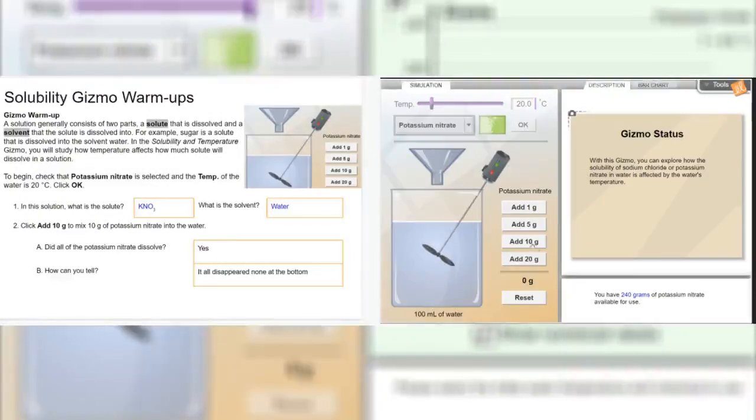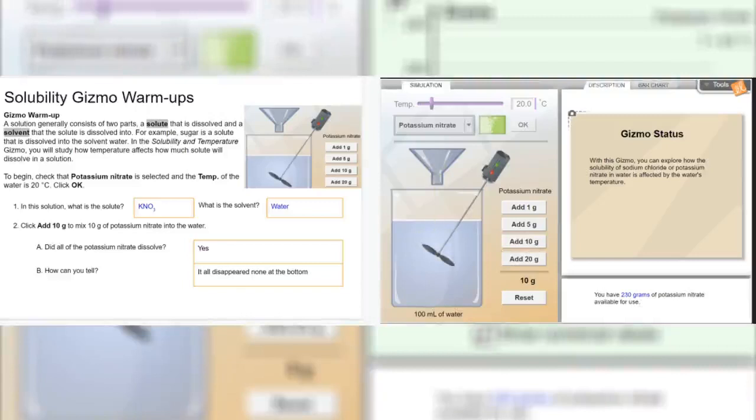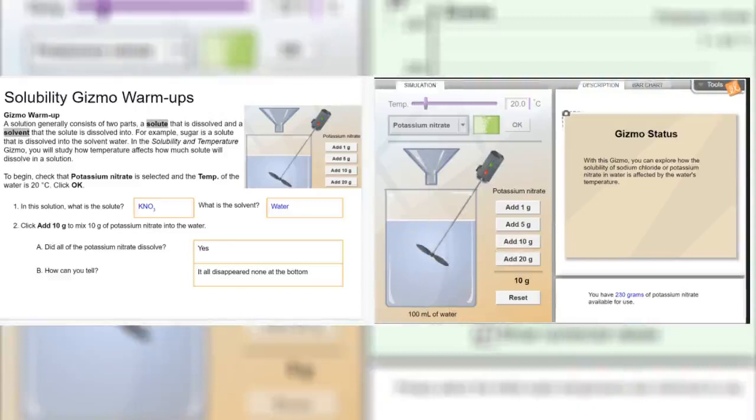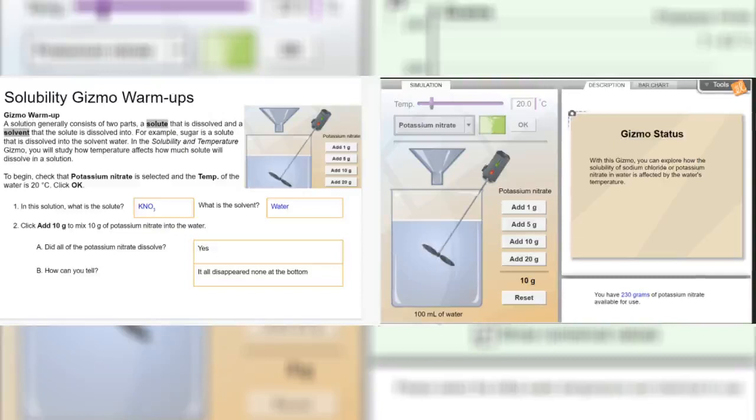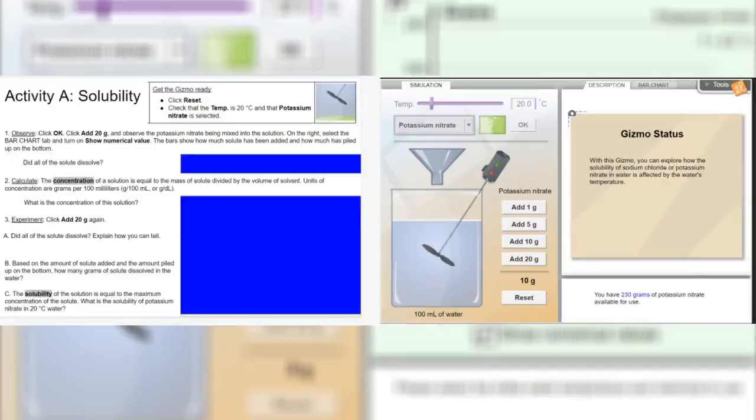When we added 10 grams to the mixture, all of it dissolved. We can tell that it all dissolved because it all disappeared and none of it was present at the bottom of the beaker. So we clicked the reset, made sure the temperature was still 20 degrees and that it was still potassium nitrate.